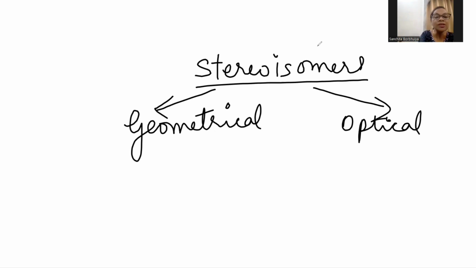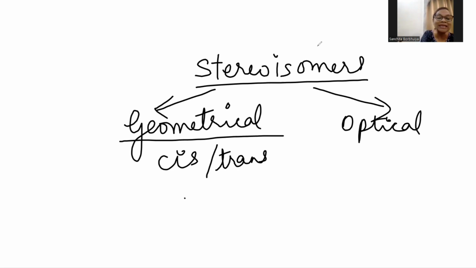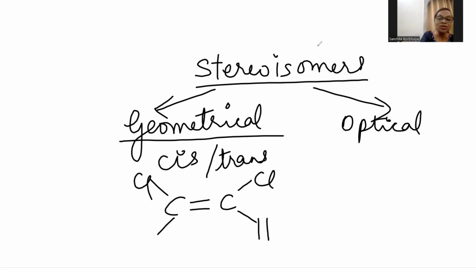If you look at the geometrical isomers, which are cis-trans isomers, it is possible with a number of species, but my focus is on alkenes. So if I have an alkene, I could have similar groups, say Cl and H, on the same side of the double bond.